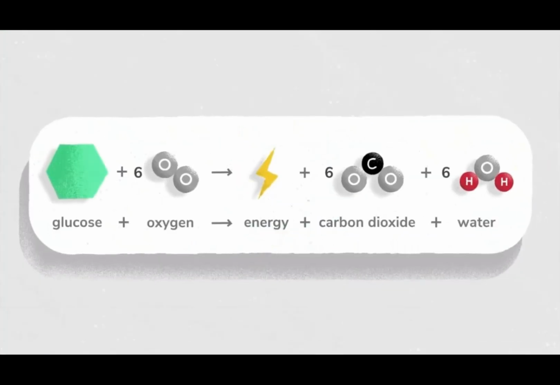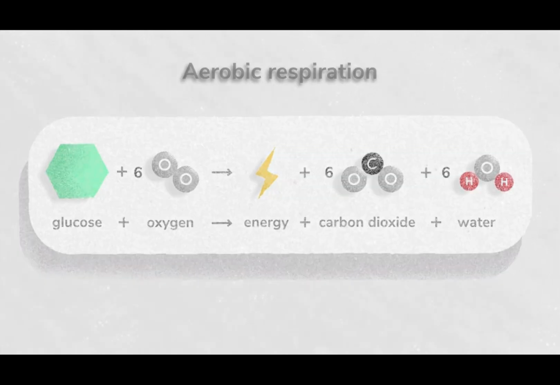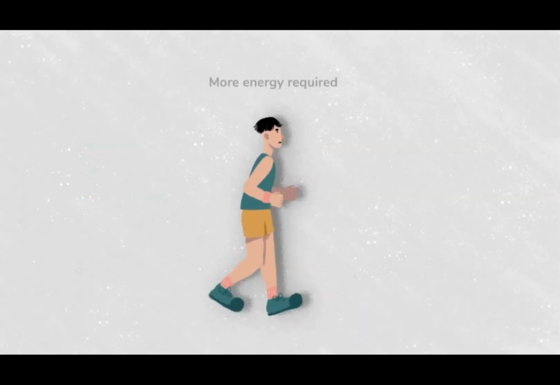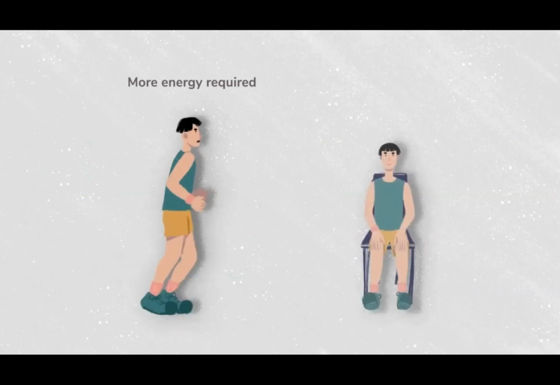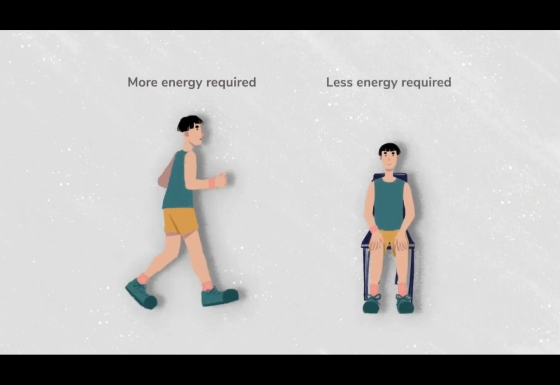Recall that aerobic respiration is the breakdown of glucose molecules in the presence of oxygen to release a large amount of energy. Carbon dioxide and water are also released during this reaction. During exercise, our muscle cells require more energy than when we are at rest.